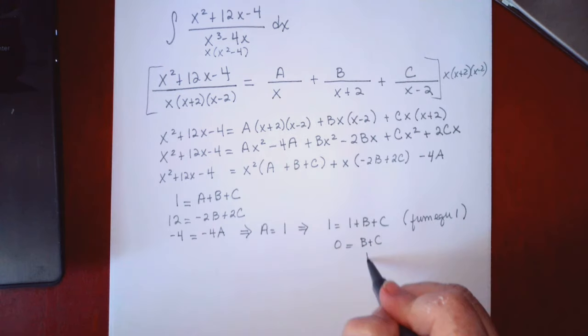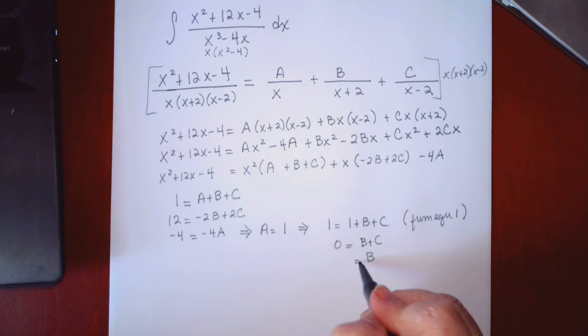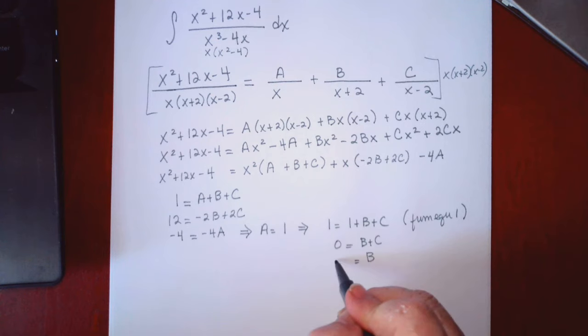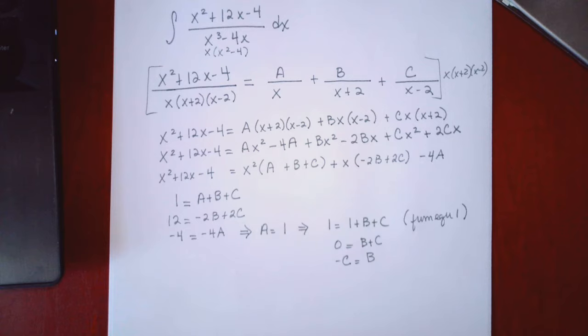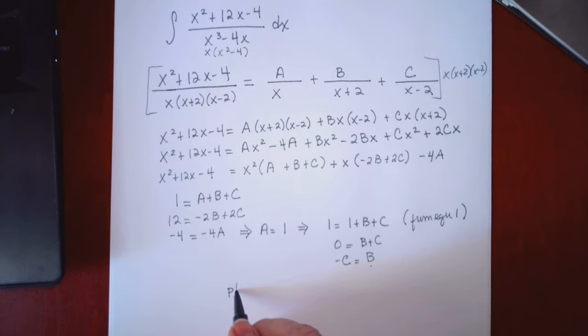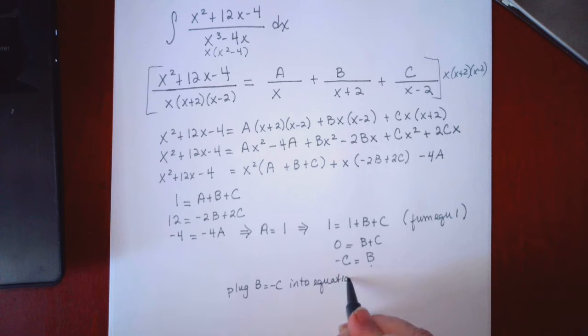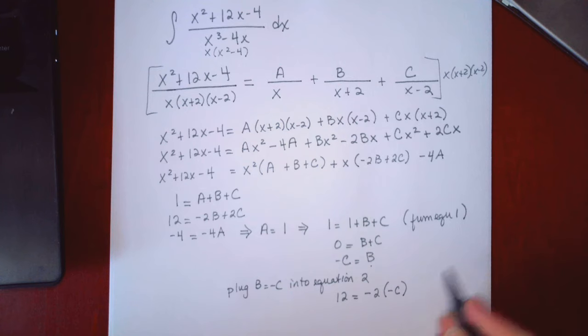And that will be that b plus c is equal to 0, which would mean that b is equal to negative c. The only equation that I haven't dealt with is the middle one, so now I'm going to replace b with a negative c in the middle equation. And we will get 12 is equal to negative 2 times b, which is negative c, plus 2c.